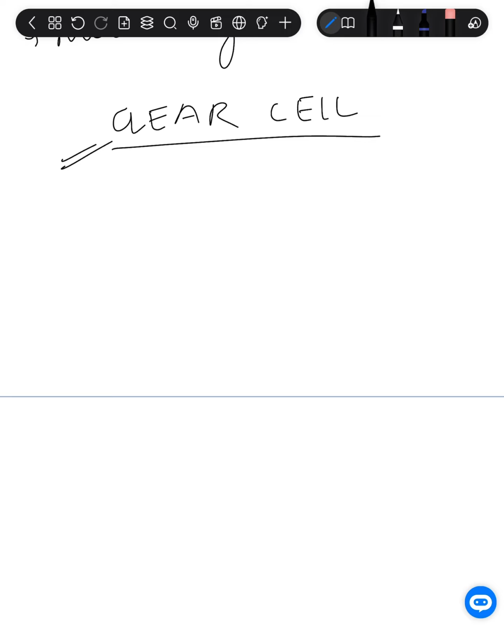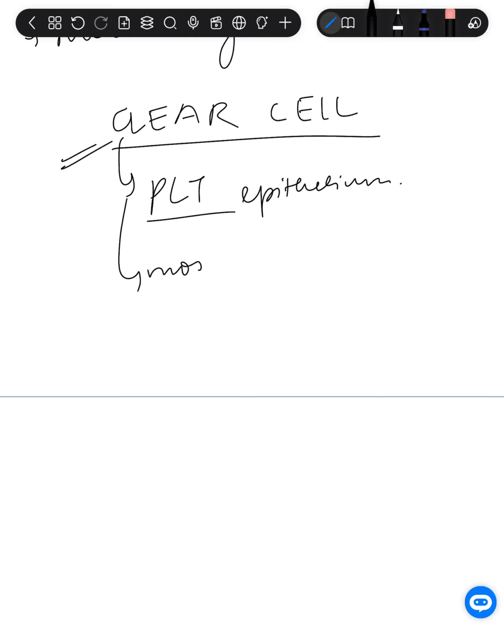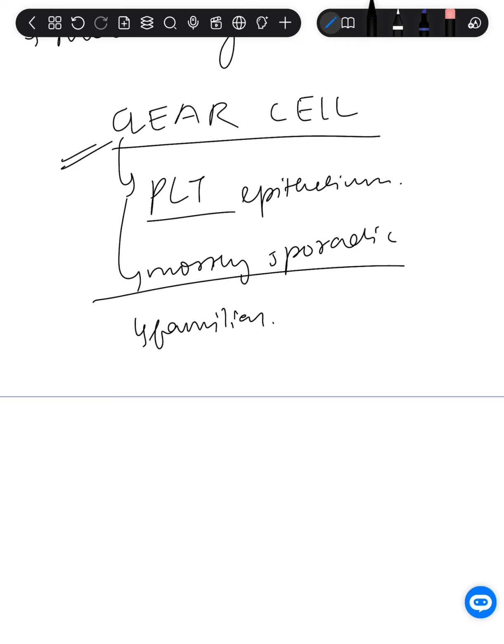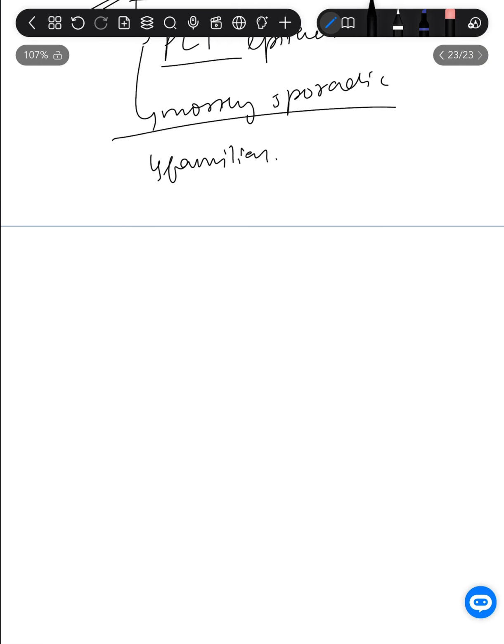Moving on, this arises from the PCT epithelium. This is mostly sporadic, but there is familial also. Then, what happens in clear cell carcinoma?